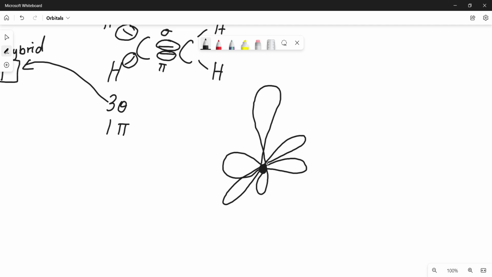And next, actually, let me not do that. Let me try this way. So this one combines over here. So this is coming from the hydrogen, so this is the s orbital. Let me put this here. So that one combines, and let's say this one also combines. So this one combines from the carbon.